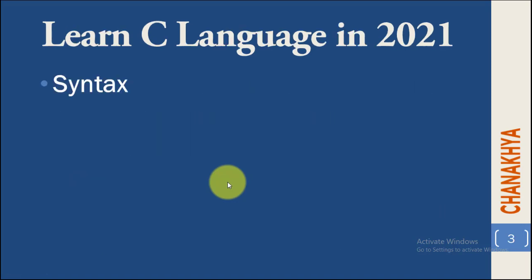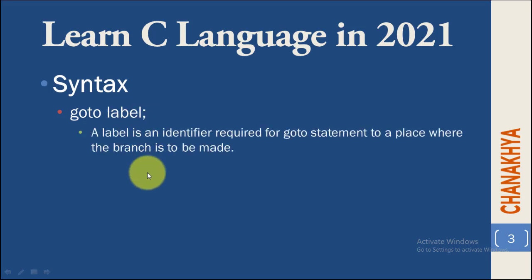The syntax for the goto statement is: we use the goto keyword, then we give the name of the label. So what exactly is a label? A label is an identifier required for the goto statement, to mark the place where the branch is to be made.